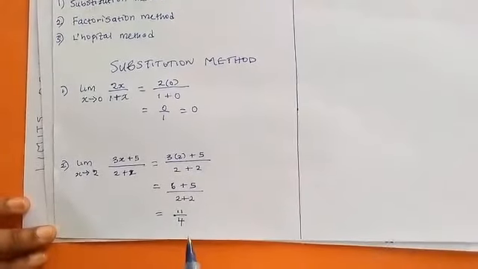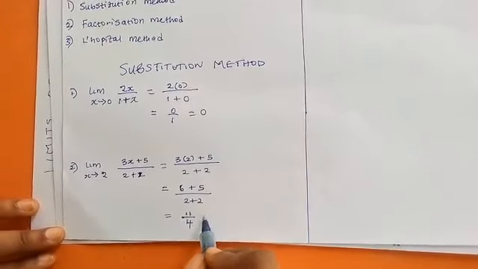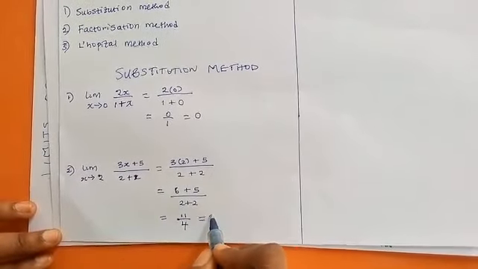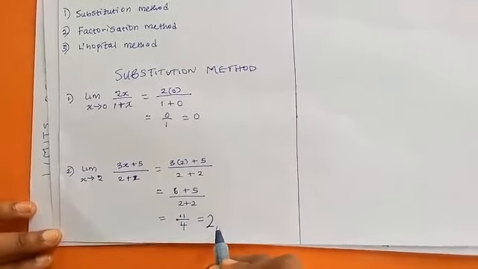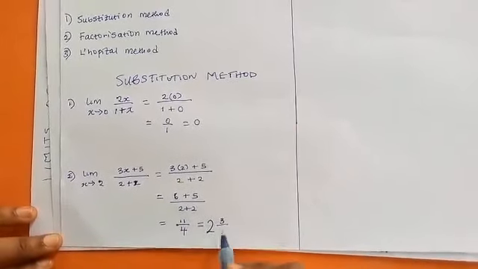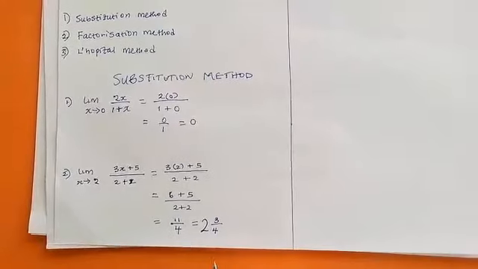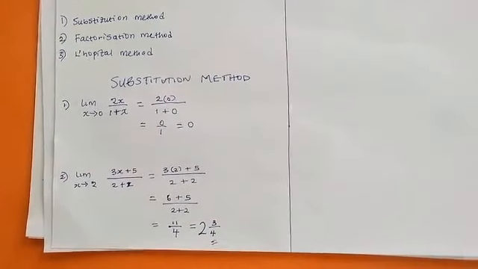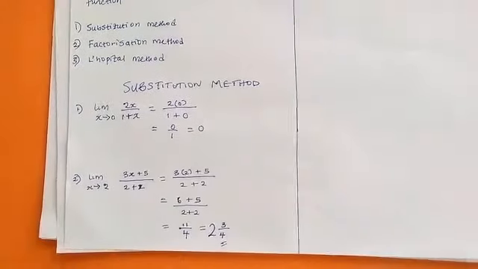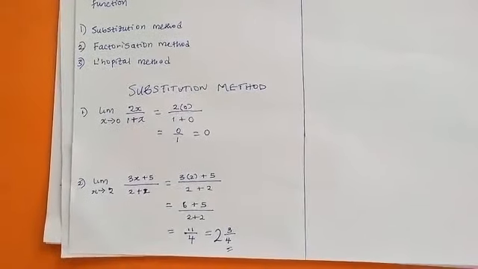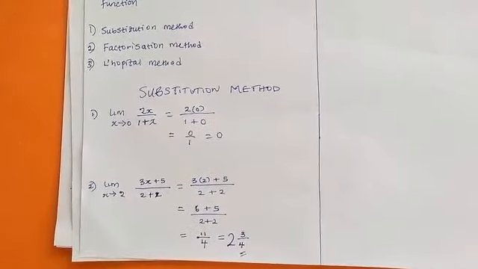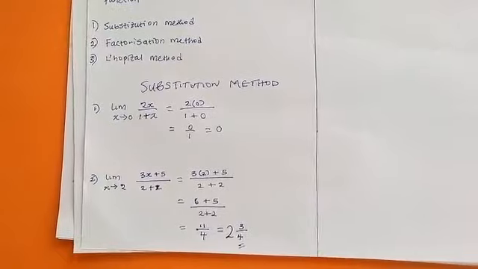And when we change it to a mixed number, we have 2 whole number, because 2 times 4 is 8, 3 over 4. So this is our answer. So you see that the substitution method of finding limits of a function is so simple and easy. Just substitute the value given to you into the given function.